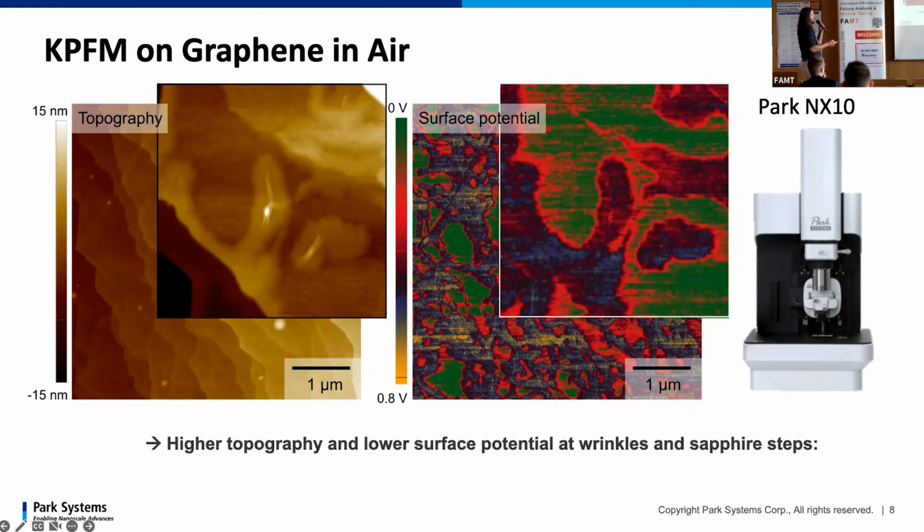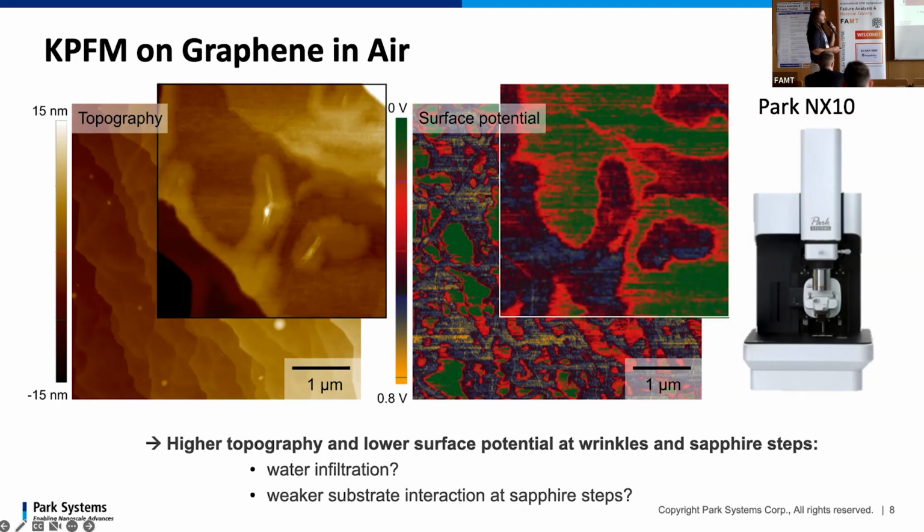We usually measure this with our standard research tool, the Park NX10. However, we were wondering if these lower surface potentials stem from water infiltration or a weaker substrate interaction at these sapphire steps, or maybe even a local strain in the graphene, which also makes sense.